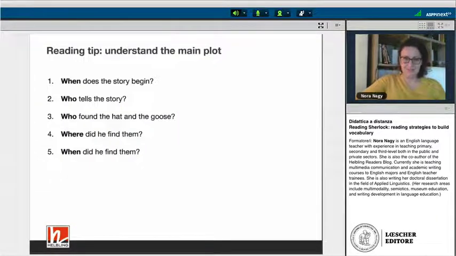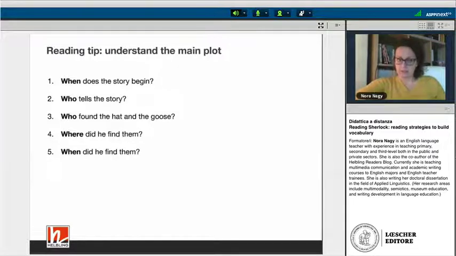All right. So we will start reading the first chapter now. And let me give you a reading tip before that. It's always a good idea to focus on the main plot and ask questions about the plot. So when I read the first paragraph, I would like you to focus on these 5 questions. When does the story begin? Who tells the story? Who found the hat and the goose?